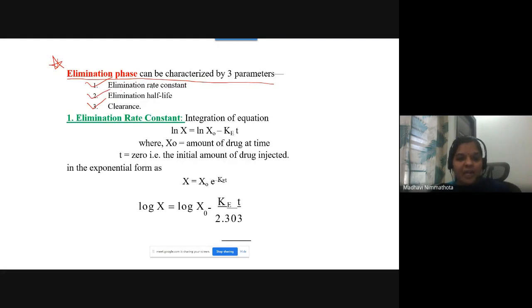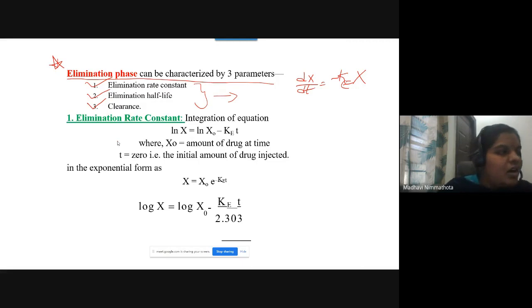You have to write elimination rate constant, elimination half-life and clearance. Here you are going to find the equations from dx by dt is equal to minus Kex. From this equation, you are going to find all these parameters. So first one is elimination rate constant. First, all of you should write the dx by dt is equal to minus Kex equation.